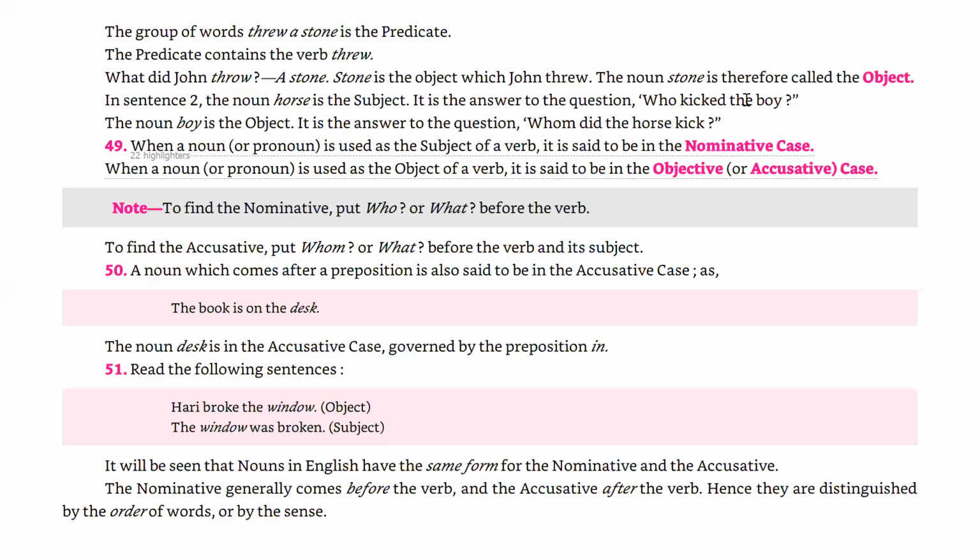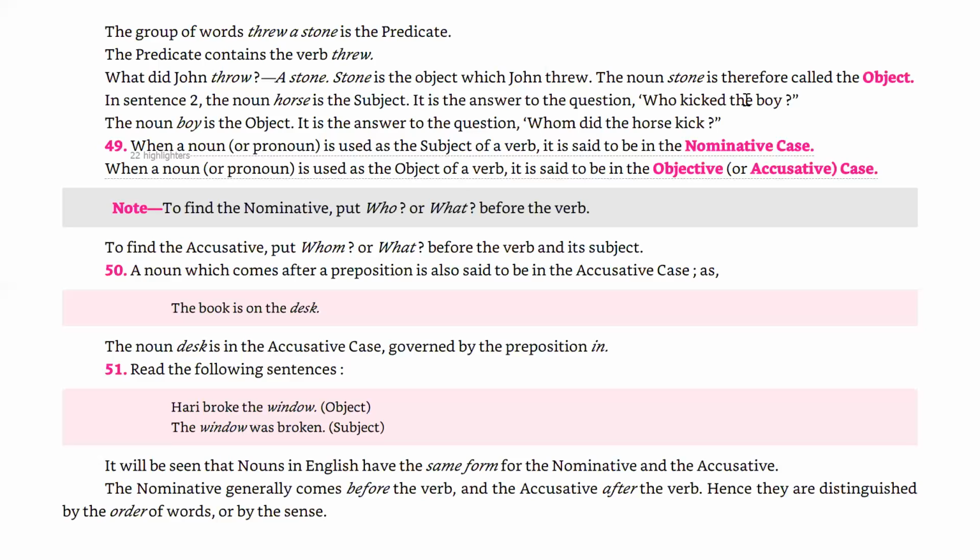The noun desk is accusative, governed by a preposition, on the desk or in the desk. Now some more sentences. Hari broke the window. So here the window is the object. The window was broken.